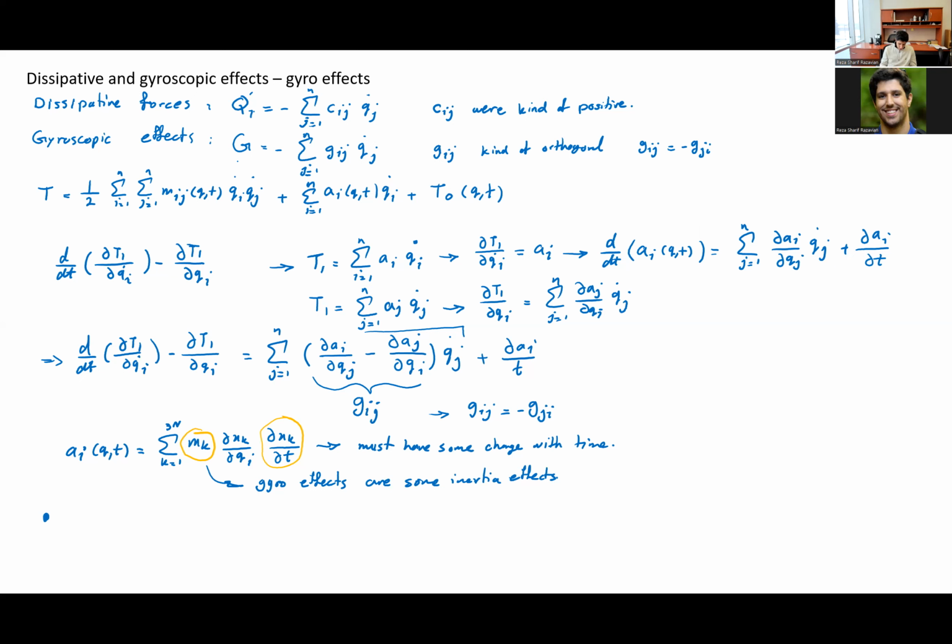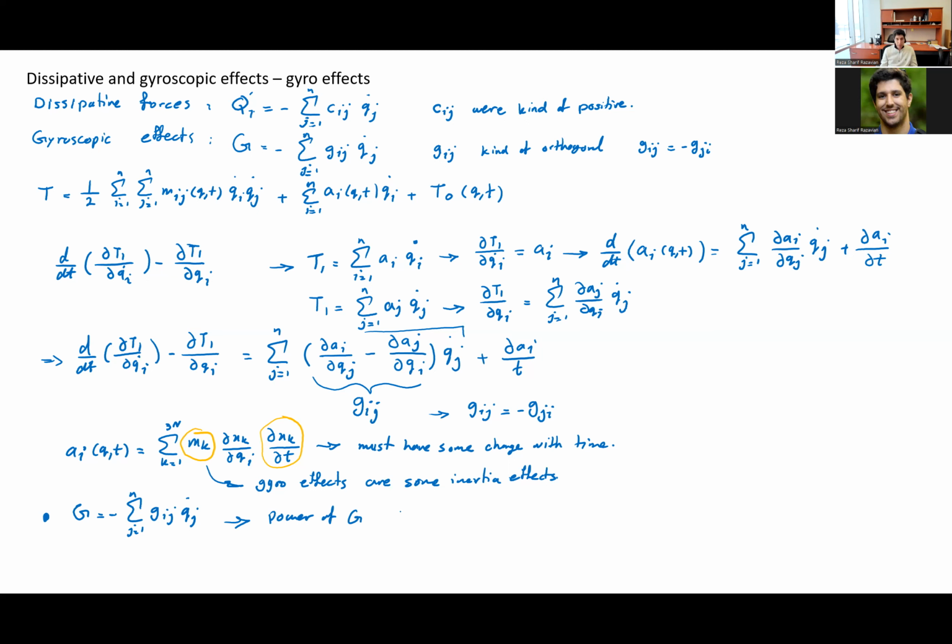And the last thing I want to do here, before maybe writing an example to make things more concrete, is that if we treat these effects as forces, so write this G to be, take these terms to the other side, to be minus of Gij q dot j, j from 1 to n. So if we treat this as a force, we can calculate the power of G, the rate of work it's doing.